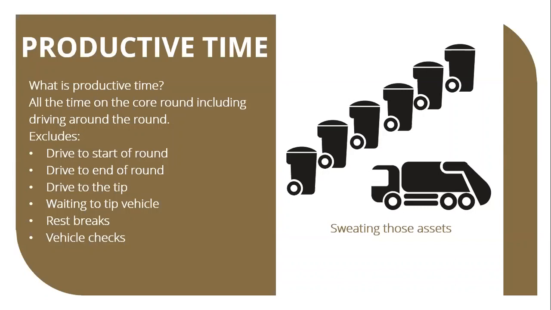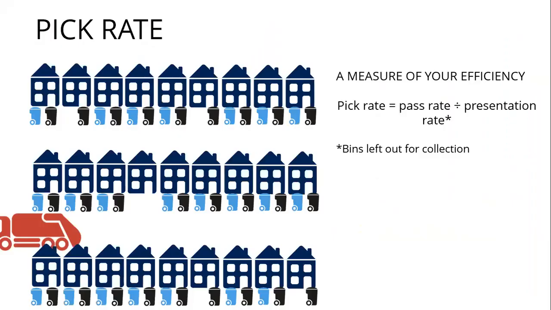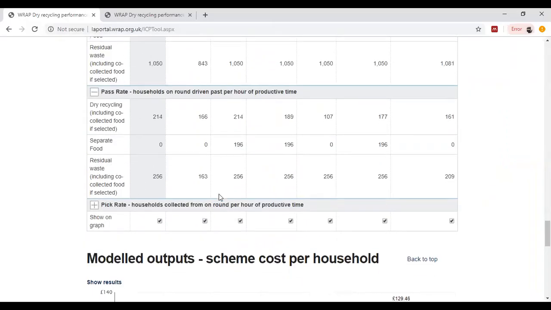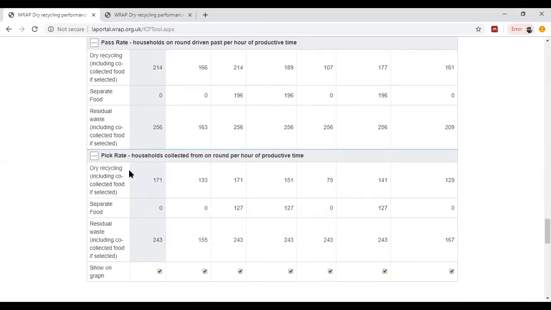However, this is a good thing to compare and think about within your own collection crews, with the pass rate, and with the pick rate even. How do the pick rates look on here, and how do they compare to your own pick rates?